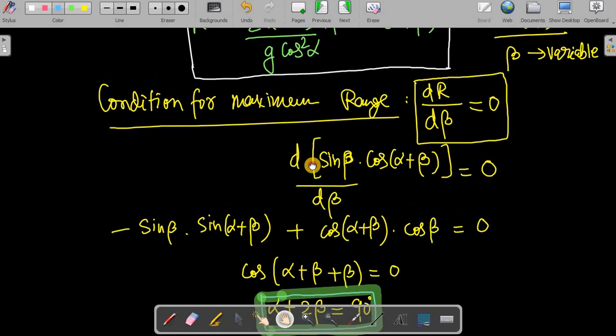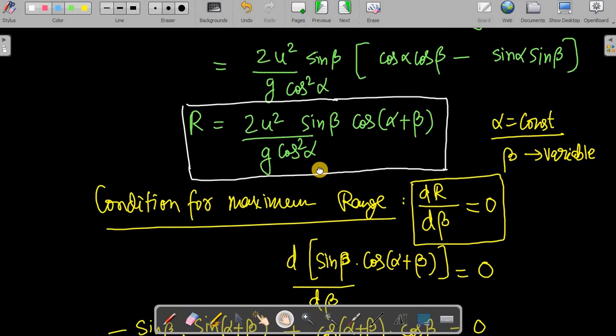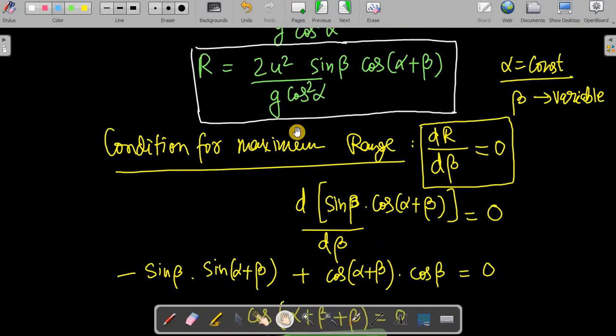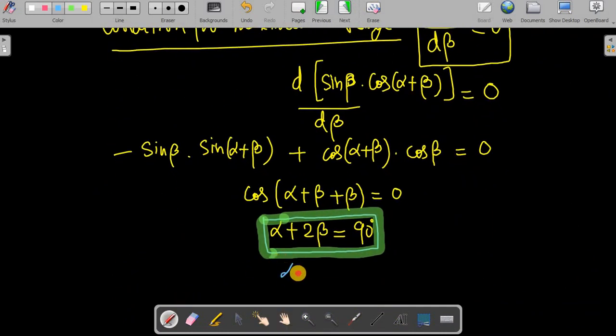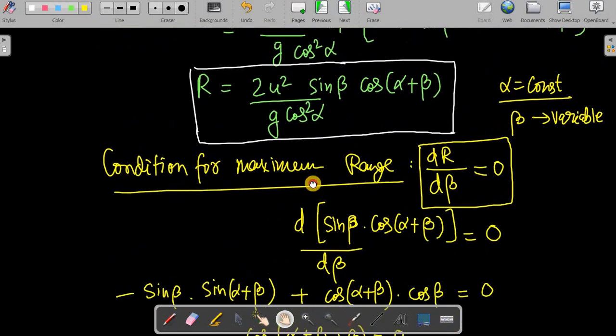Now what is the value of the range here? So if you can see here, range you can substitute. So alpha plus beta will become 90 degree minus beta. So this condition you can substitute, and R max can be calculated from here.